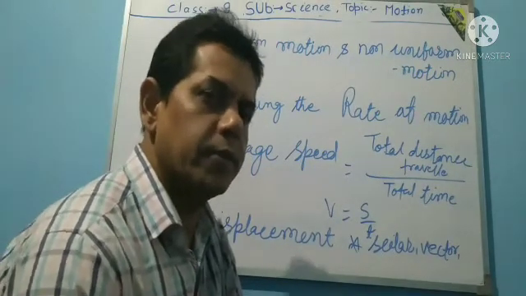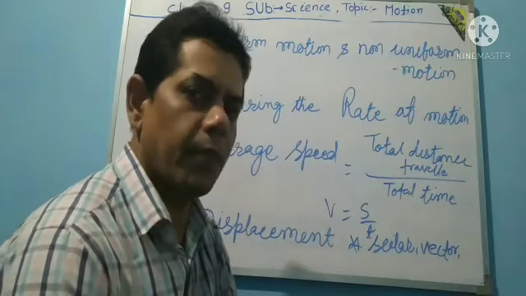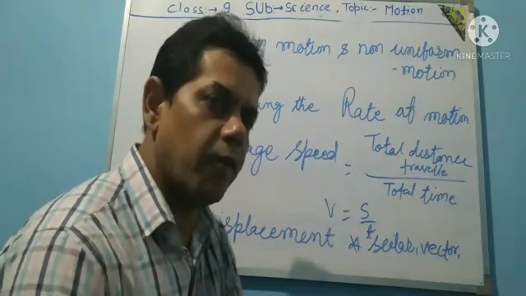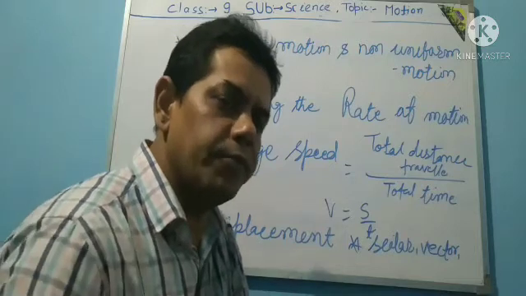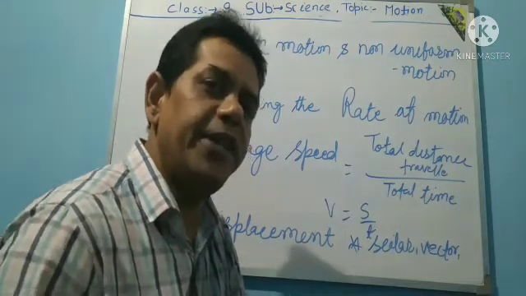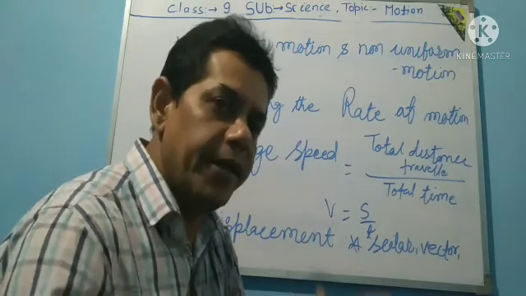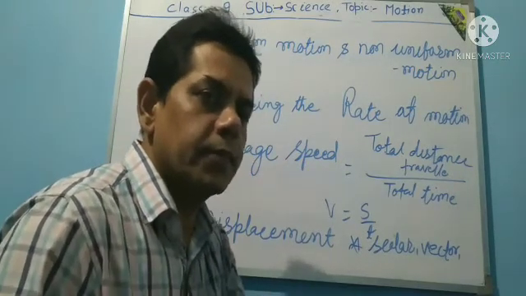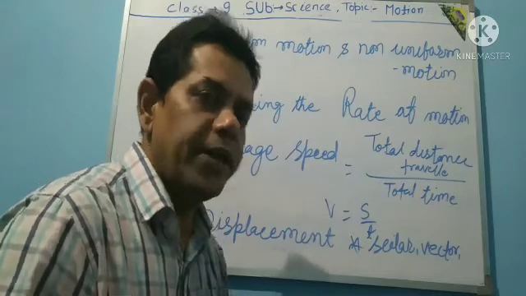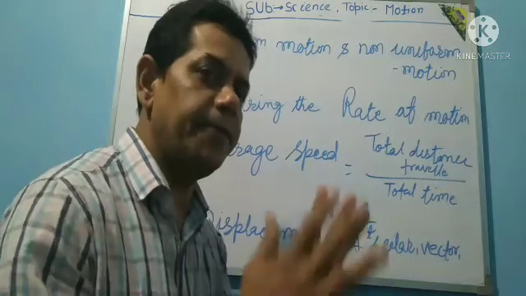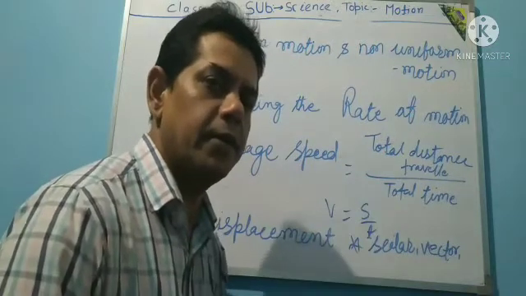Uniform motion means any object travels a definite distance in a definite time interval.